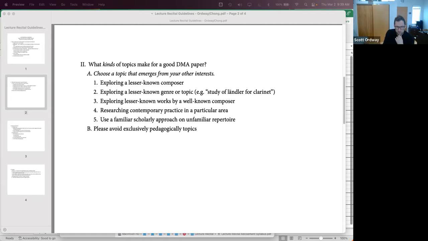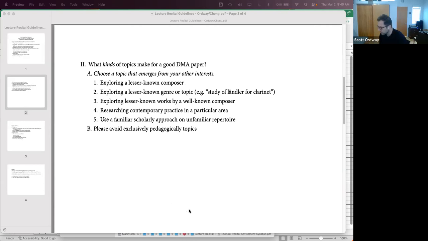So this should emerge from your interests as a performer. It should be something that you're excited about spending a year or two really digging into. And it should be something that fits with who you are as a musician. It should be something that's on brand for you, for lack of a better word, that you can be out there for the next couple of years in your career saying, hey, I'm the specialist in X. Isn't that cool?